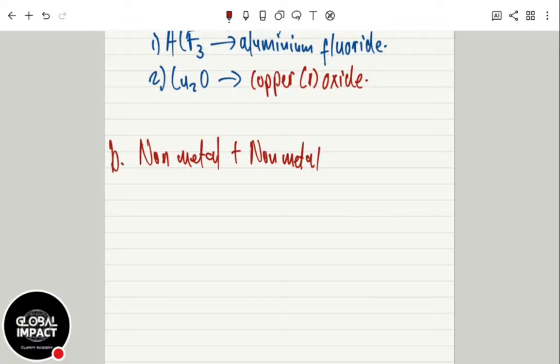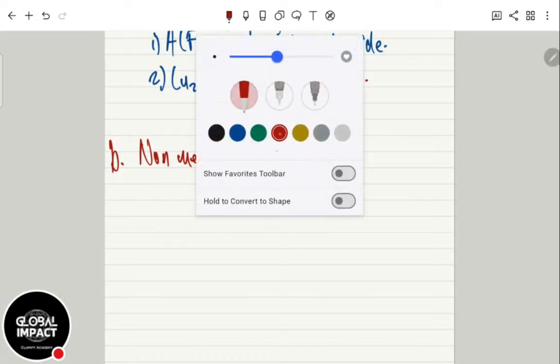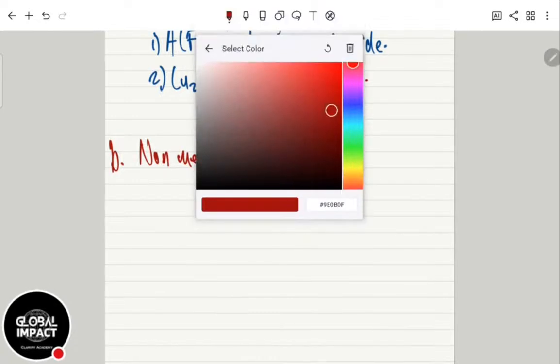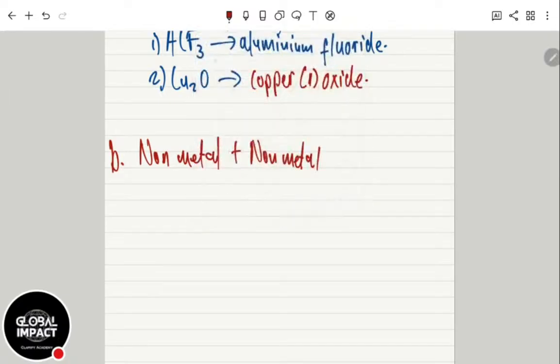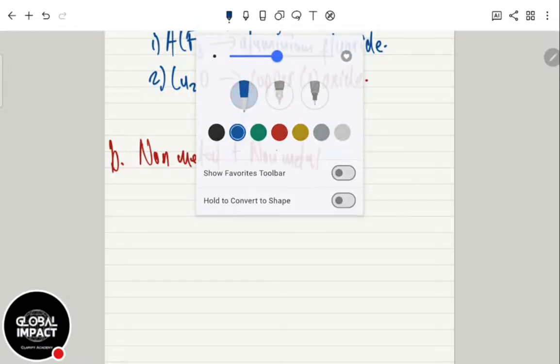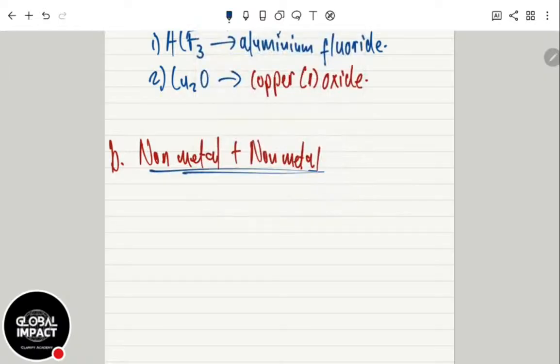So when you want to name and you have 2 non-metals, let's put the rules so that everybody can see them. You have non-metal plus non-metal, and you want to know its name. You have only 2 types of atoms; this works when we have only 2 types of atoms.